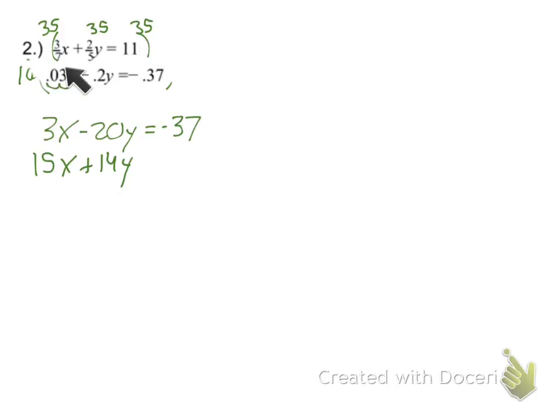Because 35 is the LCD, I got rid of all the denominators this way. 35 times 11. 35 times 10 is 350, plus 35, 385. Is it 385? Someone back that answer. 385. Now guys, you just created a system of two unknowns and two equations.